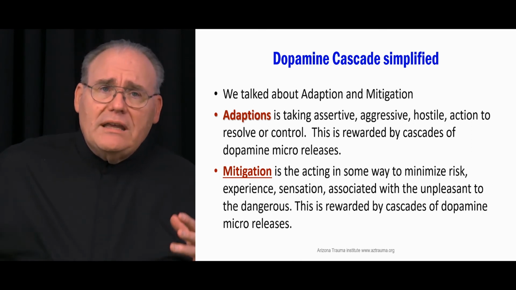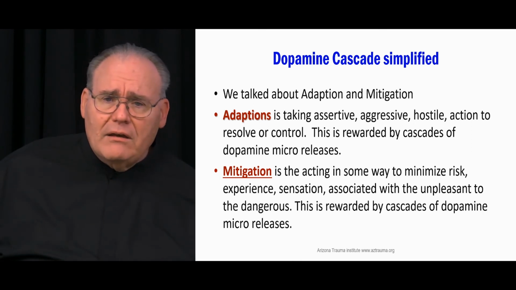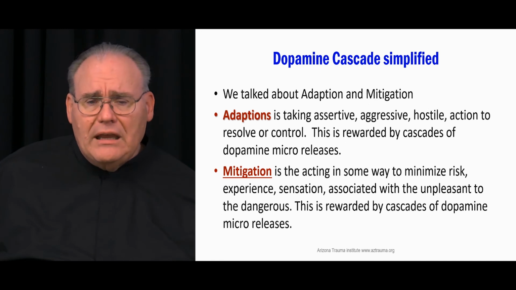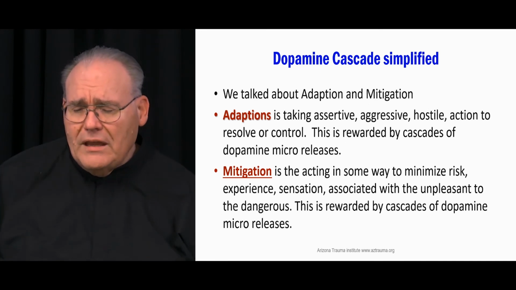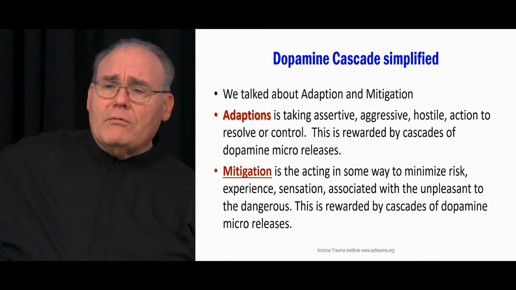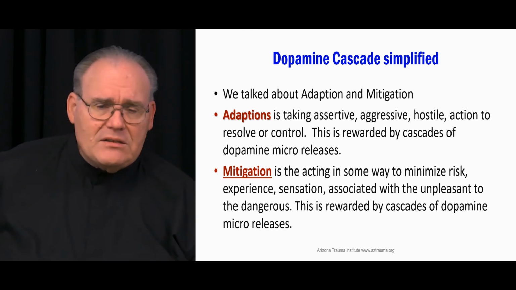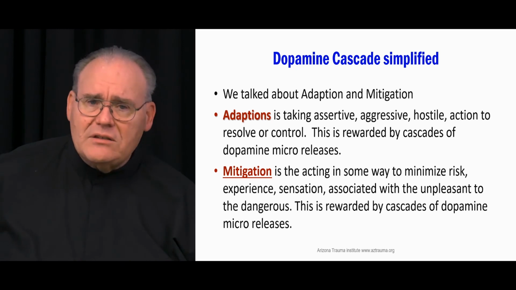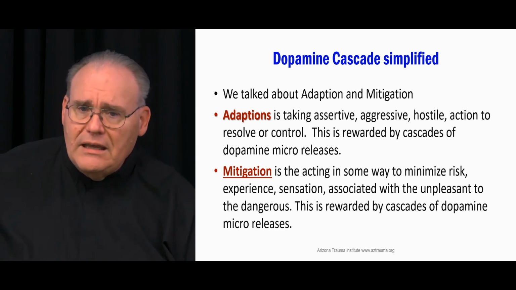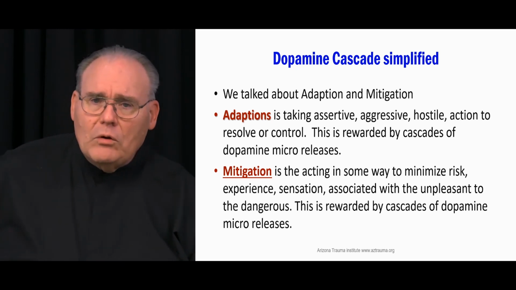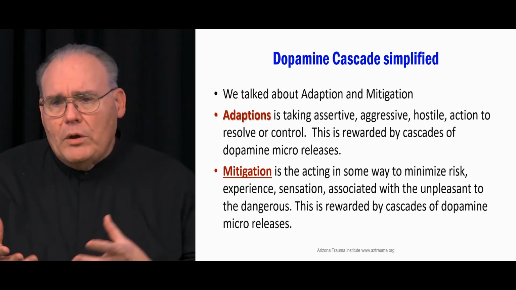And the more history they have of toxic stress, adversity, and trauma, the more likely you're going to run into a strong theme of mitigation. That is not wrong, it's not bad, it's not better or worse than the other. It just is a reality. Why are we even pointing this out at this point?